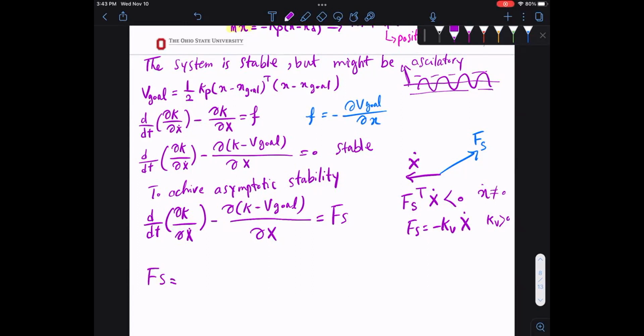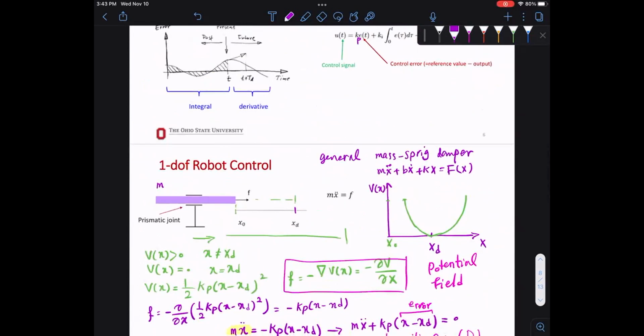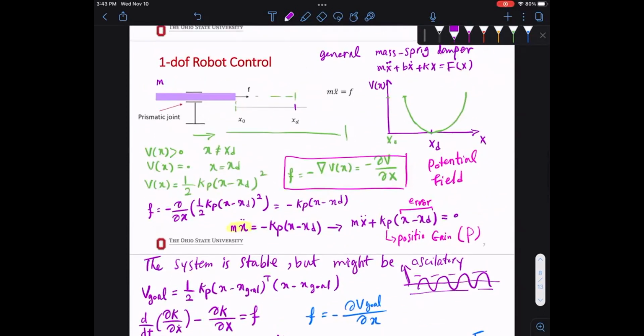Do you remember what was the first law we found for the proportional part? What was the first force? So we are solving the same problem, right? This is solving this. So we found a position control.